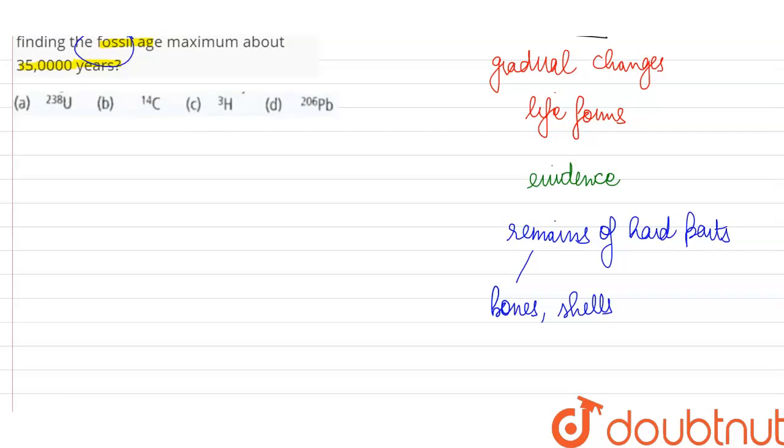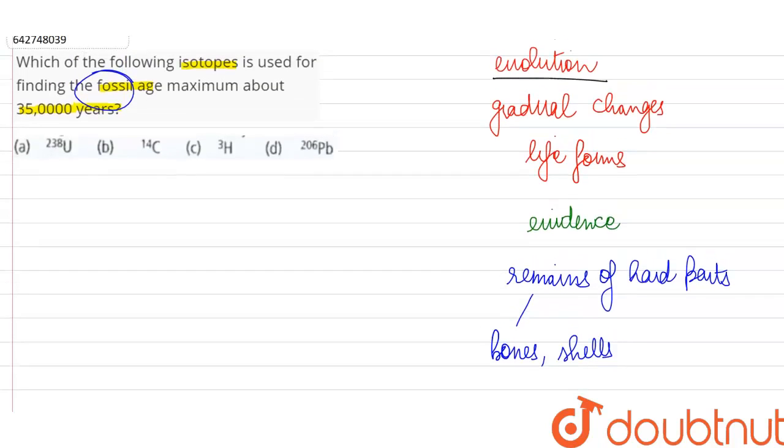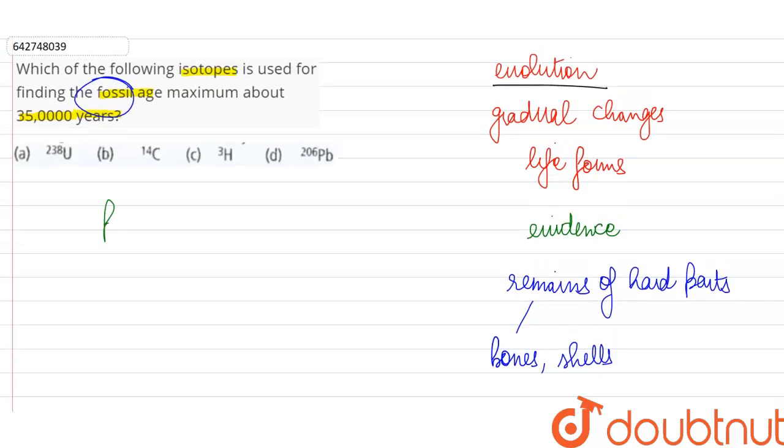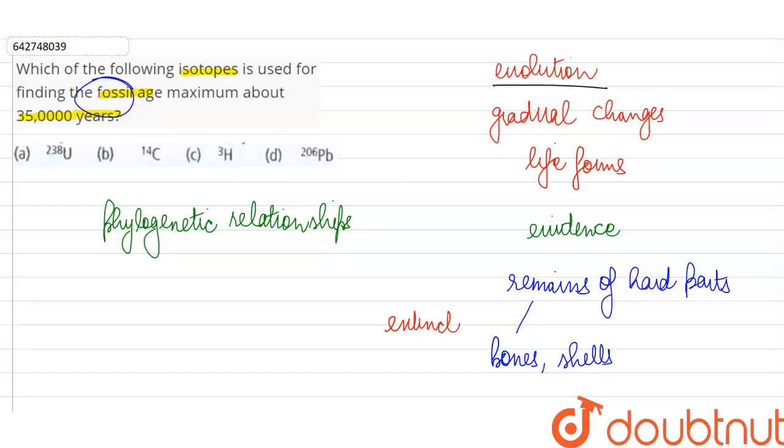In the case of plants, structures like seeds and pollen grains. So when we look at these preserved remains, we can find out the evolutionary relationships or the phylogenetic relationships between these extinct life forms and the life forms which exist today.